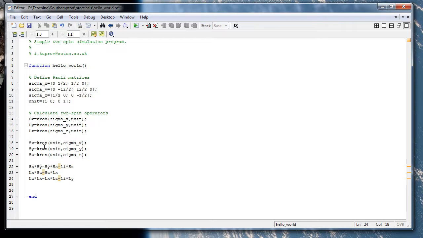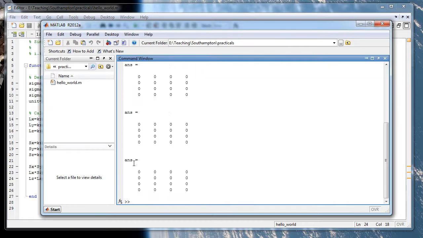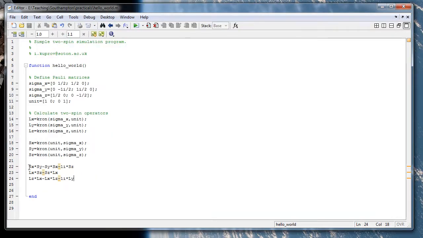So we should get 3 matrices 4 by 4, all 0, as a result of running this function now. So I'll run it again, and there we are. We've got our 3 matrices, and all of them are 0, so everything seems to be correct. Now, as you can see, it's a fairly orderly code so far.